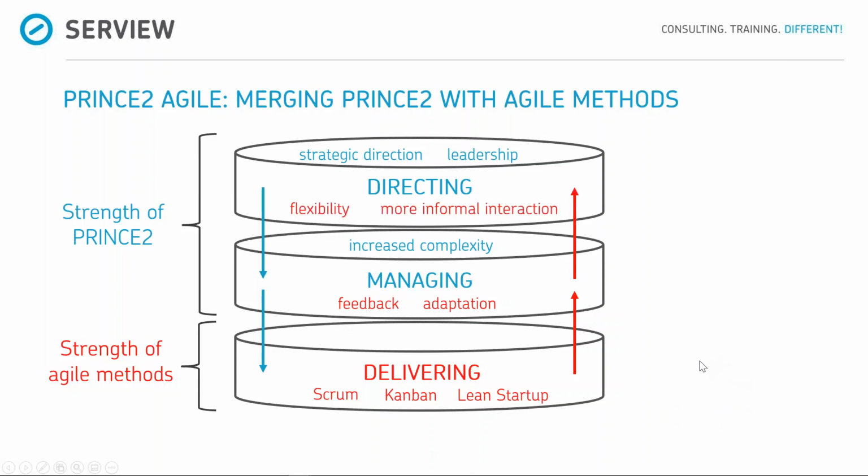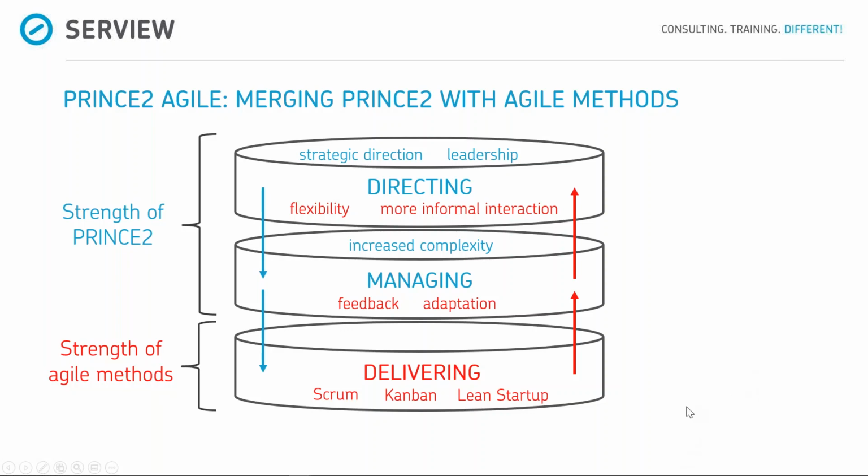So if we rely on that, we will be more flexible, but also this will mean we need more informal interaction, less formal documentation, and generally more working together. So this is basically what PRINCE2 Agile does.